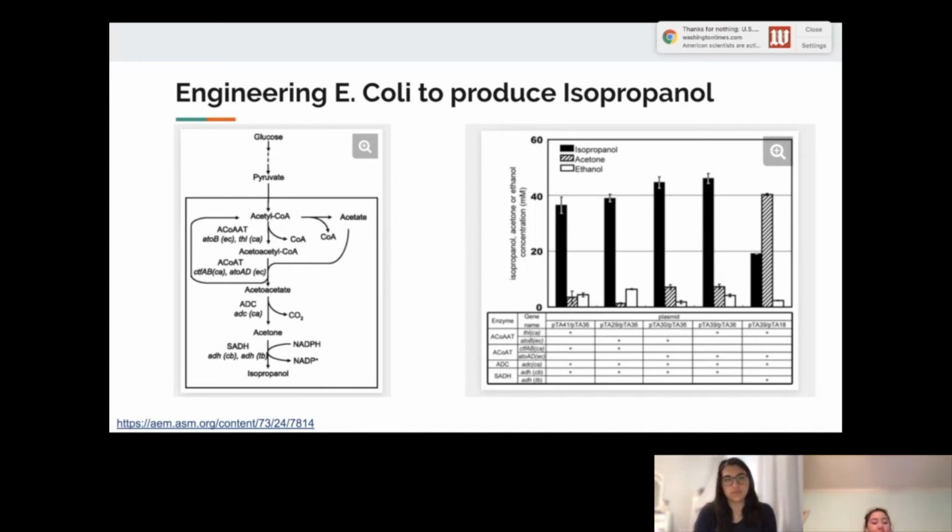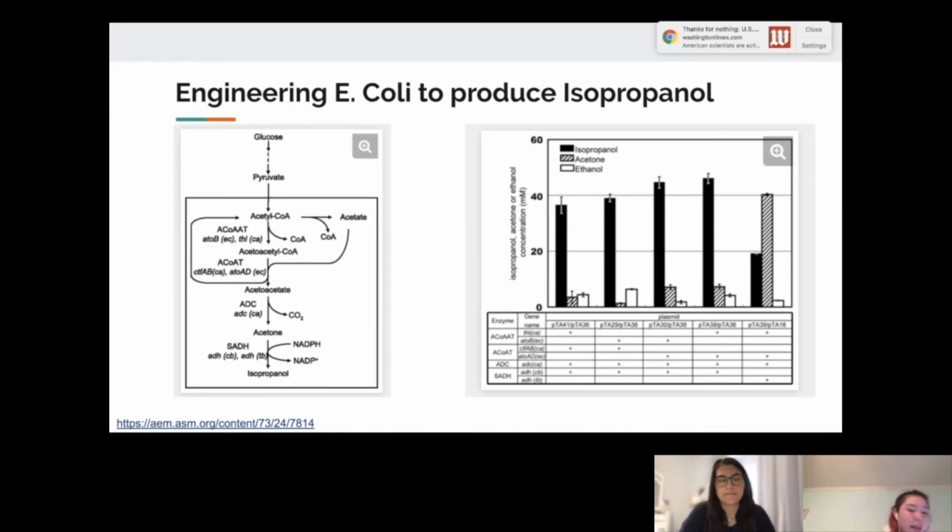After this, we have a last choice in how we would like to proceed from this acetone product to producing isopropanol. There are two things that you can use for this: either ADH from Clostridium B, or ADH from another organism, indicated by TB.